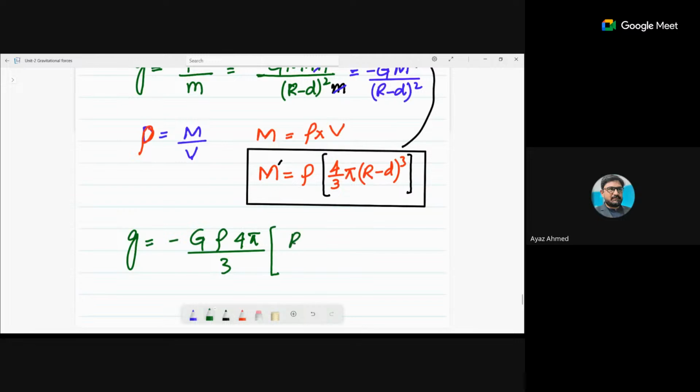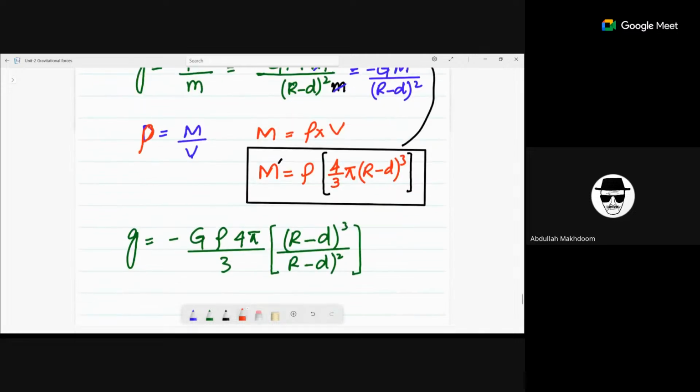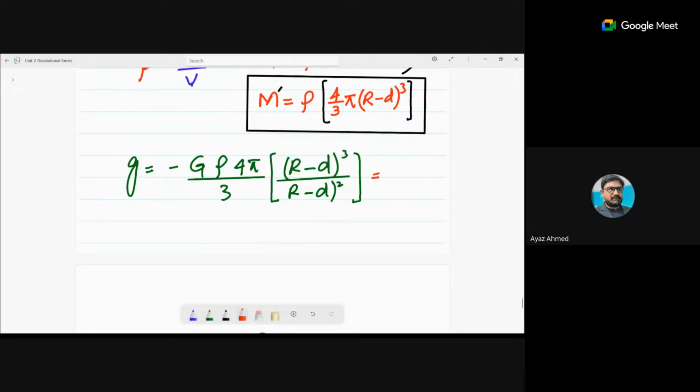So (r minus d) whole cube divided by (r minus d) whole squared, and so on. So (r minus d) whole cube divided by (r minus d) whole square gives you r minus d, yes, it would be cut now. So your new equation will be 4 by 3 pi G rho into (r minus d).